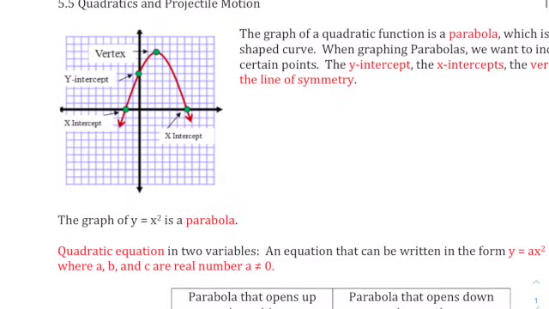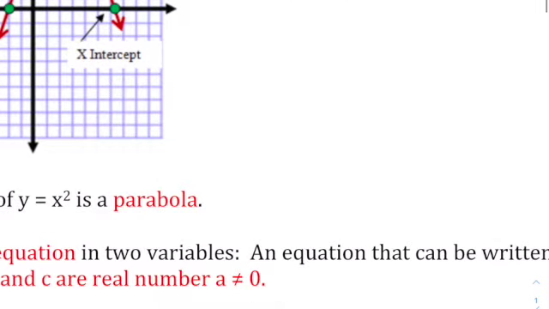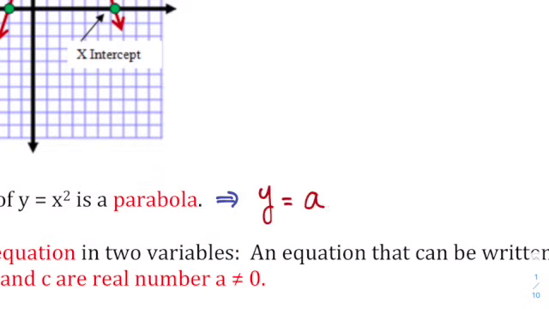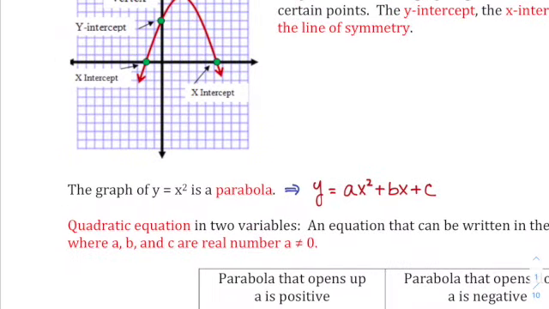The graph of y equals x squared is a parabola, and y equals ax squared is also considered one. So is y equals ax squared plus bx plus c. What you have to know is that the highest exponent is 2. That's probably the most important thing.